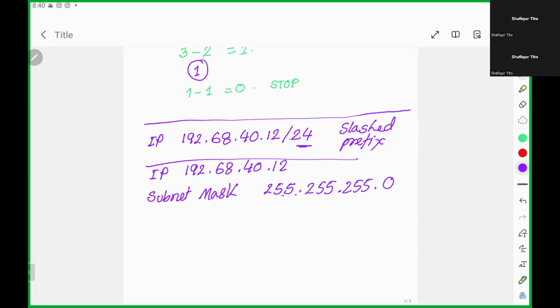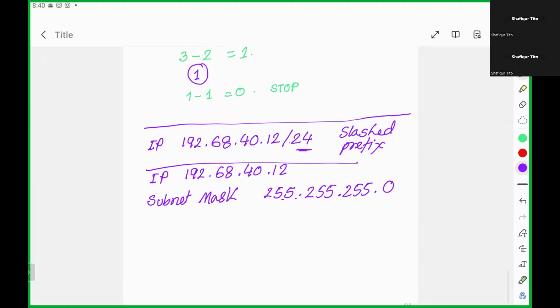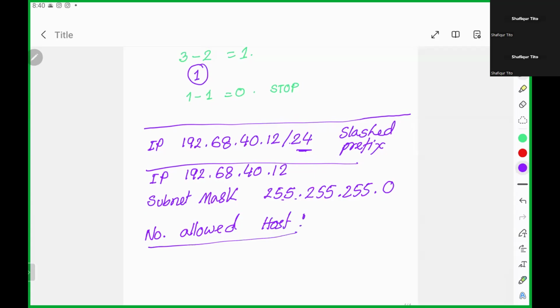Okay, so from here, I want to find out how many hosts I can connect, the number of allowed host IDs. And also we can find out the range of the host IDs.